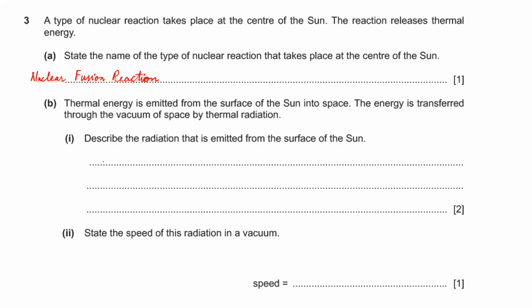So the sun basically emits electromagnetic waves, and electromagnetic radiations are transverse in nature. So we'll write this as: the sun emits electromagnetic radiations.